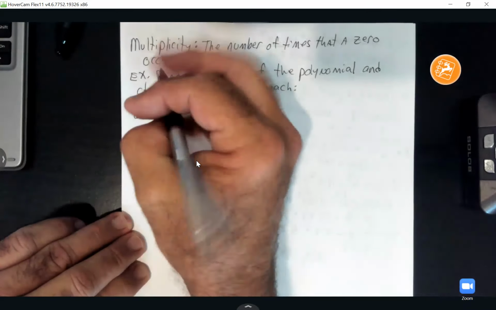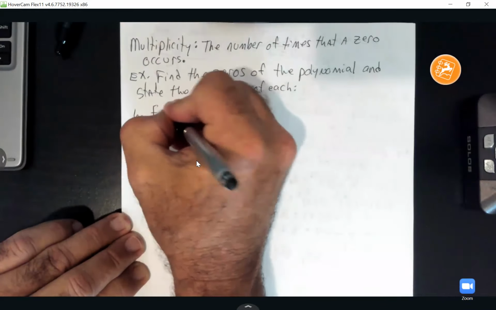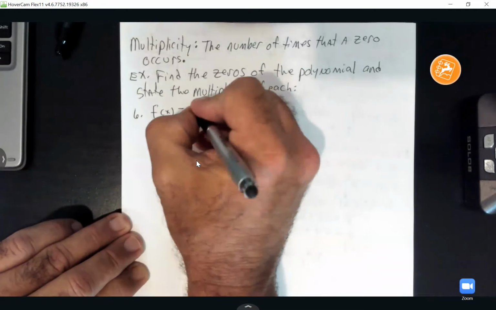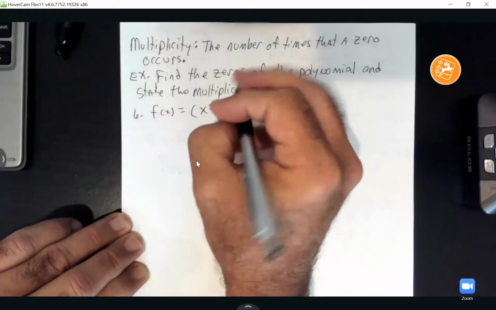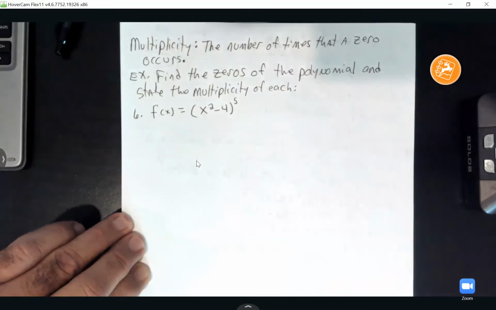All right, y'all. So for this one, they're giving us f of x equals x squared minus 4 to the 5th power.